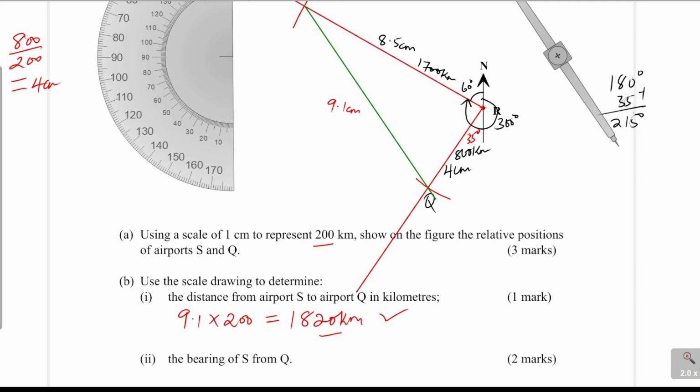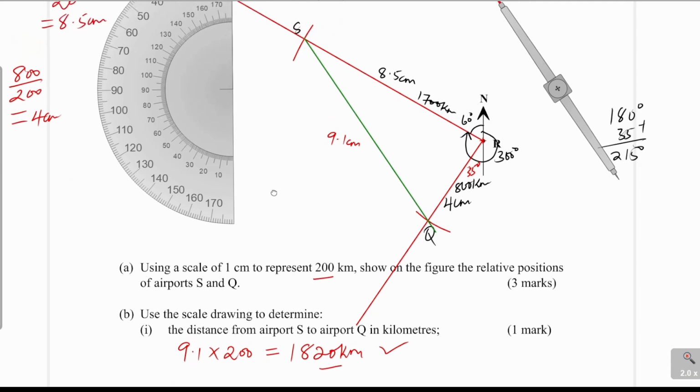Then the other one, part 2, the bearing of S from Q. The bearing of S from Q. So that means you need to construct the north at Q. You're measuring the angle from Q. And this one is very important, since you must have two norths constructed at S and Q, and they must be parallel.